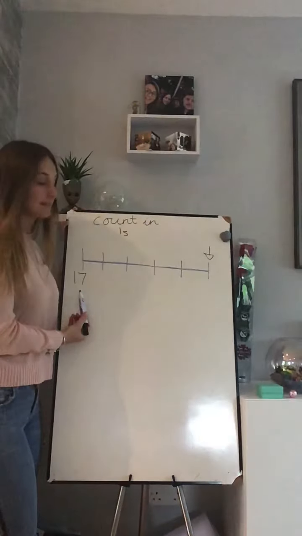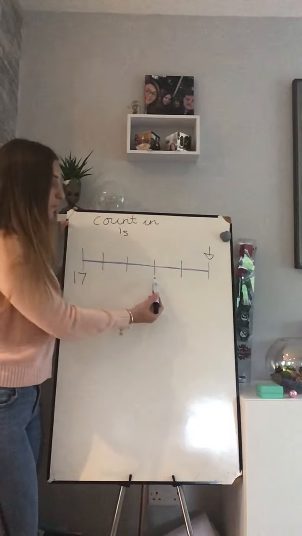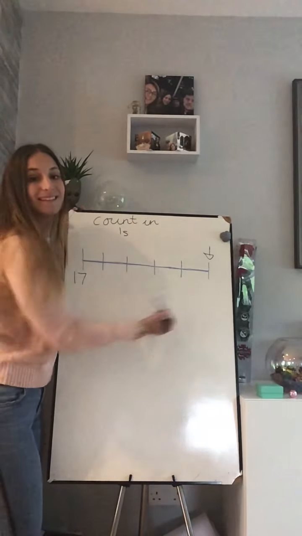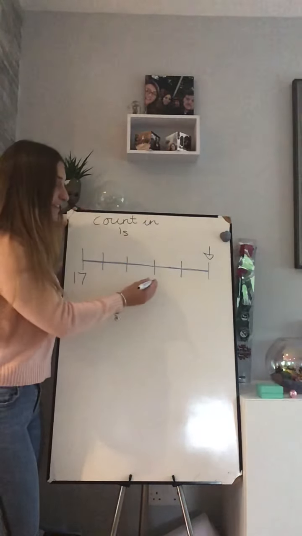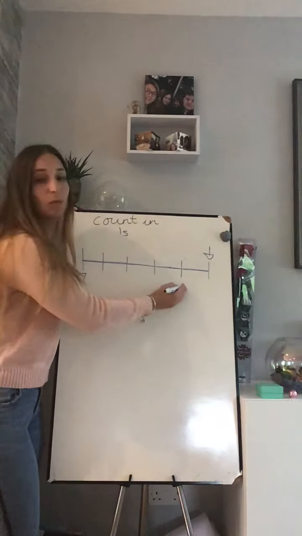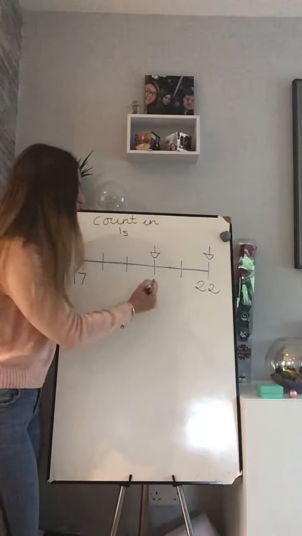Let's see. Okay, 17, 18, 19, 20, 21, 22. Well done. What about there? That's it. 17, 18, 19, 20.